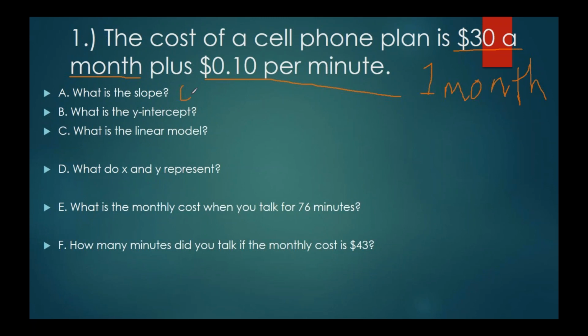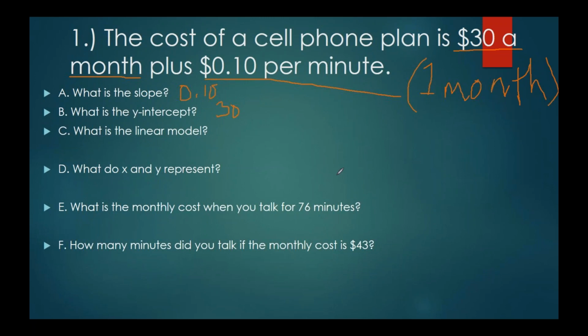So the slope will be the 10 cents because that's what's going to happen multiple times, assuming you actually talk on the phone. And the y-intercept is going to be 30 because that's what happens one time. Okay, I need to add 1 month in there because you're right, that's not very clear. So in 1 month, we're talking about the cost of a cell phone plan.